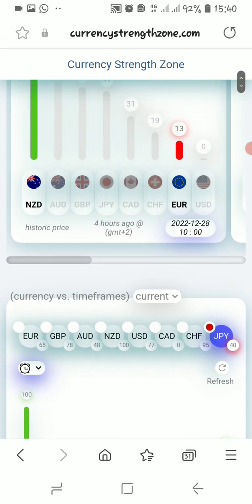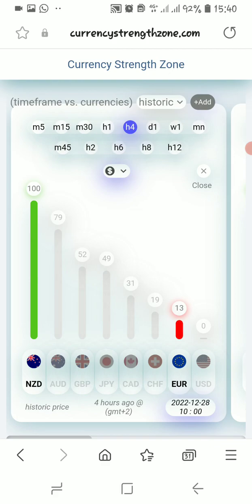It calculates real price data with respect to a time frame ago, like 1 hour ago.